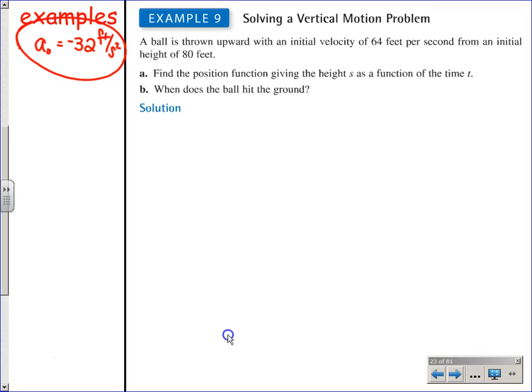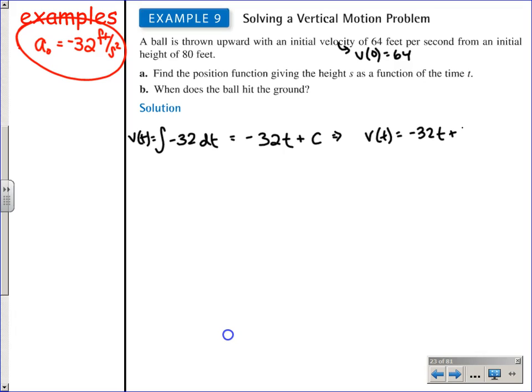The other way is we technically could say, this is a straight up-down model, so I could start with negative 32 to find my velocity, which would be negative 32t plus c. But didn't we just talk about, if you plug in initial velocity, so v of 0 is equal to 64, don't we just get c to be 64? So we can say v of t is equal to negative 32t plus 64.